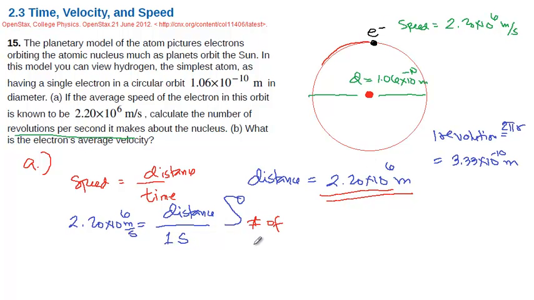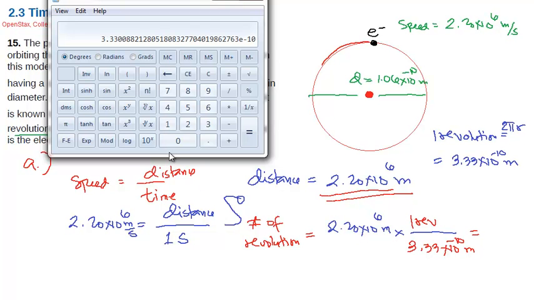The number of revolutions in a period of 1 second is equal to 2.20 times 10 to the 6 meters times the conversion: one revolution is 3.33 times 10 to the negative 10 meters, because when the electron completes one revolution, it travels that distance. I hope you're not confused.